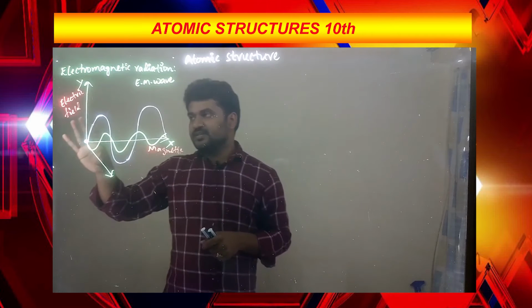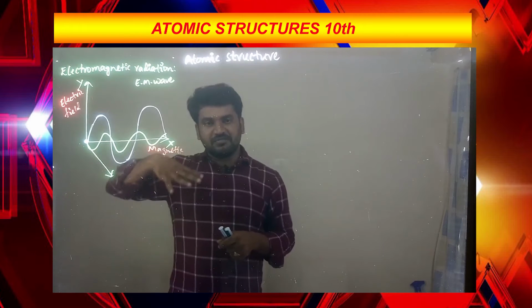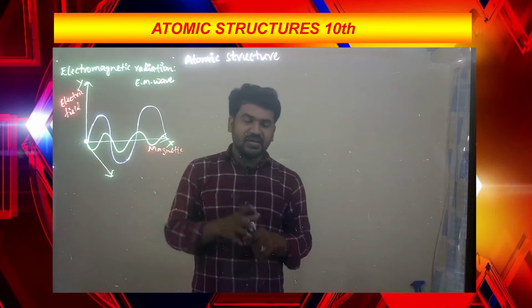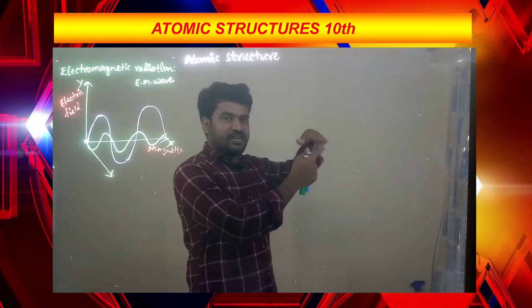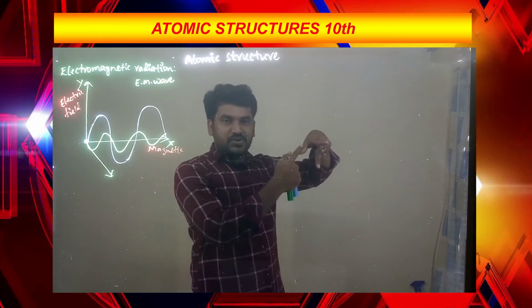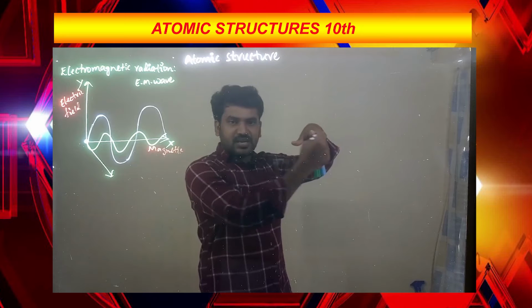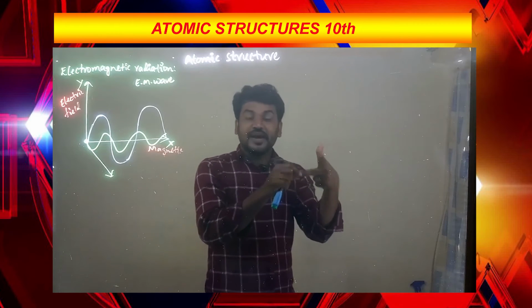This wave we call the electromagnetic wave, which moves in the two directions, electric field and magnetic field. As we know from the right hand rule, these three fingers are perpendicular to each other. If you take these three, one is the electric field, another is the magnetic field, and one more is the direction of the wave.